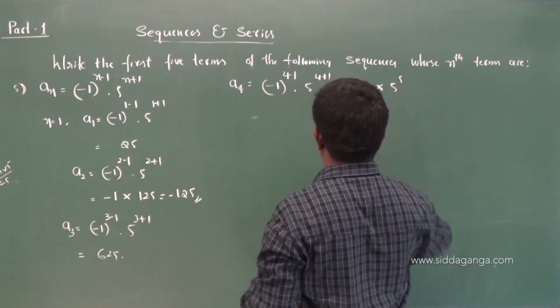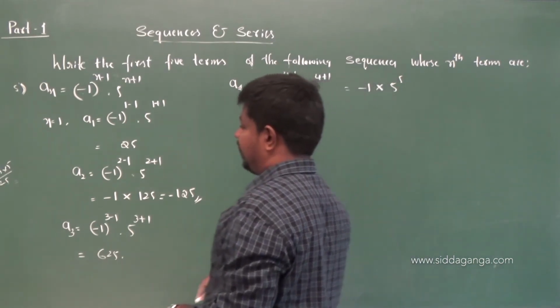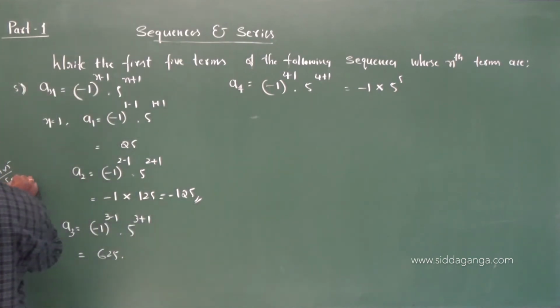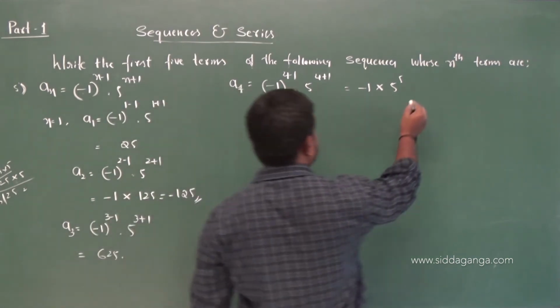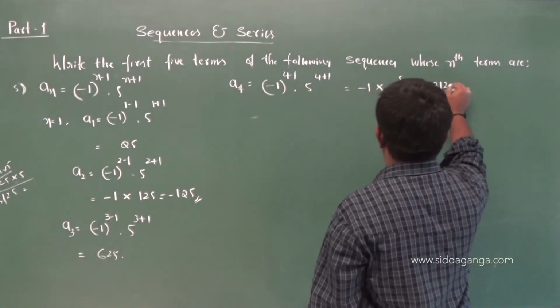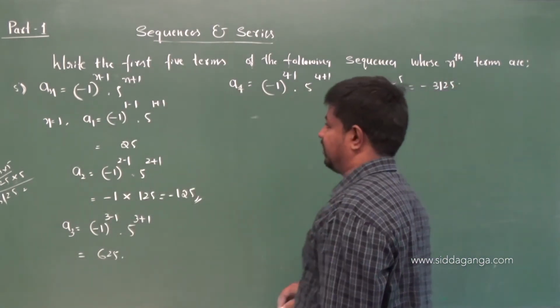What is 5 power of 5? It is 625 into 5, since 5 is multiplied 5 times. So 3125. So minus 3125 is the fourth term of the sequence.